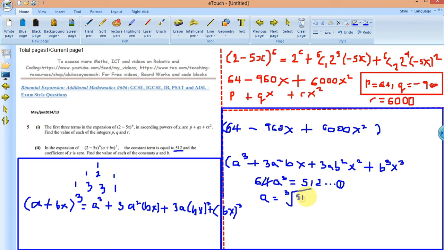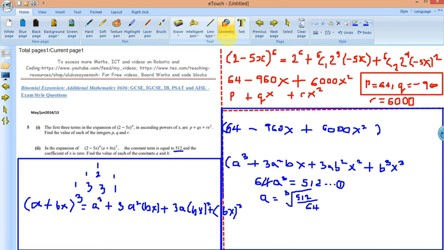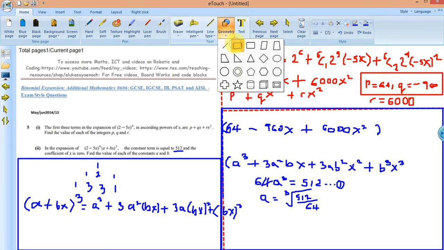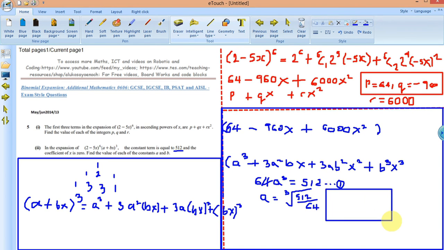Let me use my calculator and get that. I'll put my final answer in a rectangular box. Cube root of 512 over 64. That is 2. So the value of a here is 2.